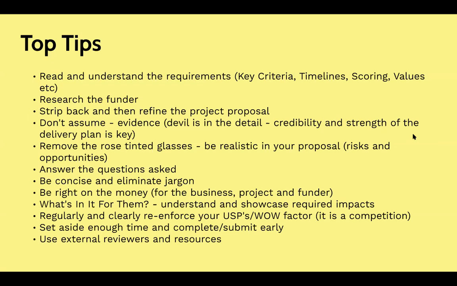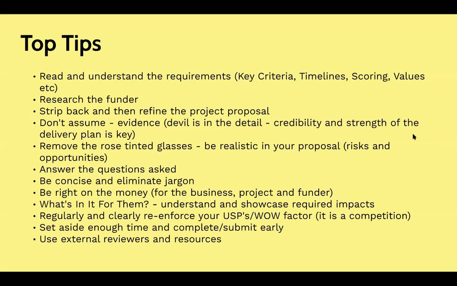Other things to consider are being right on the money. This is being right on the money, not just for the business. So you're getting the right amount of money for what you need to do with the project and your plans moving forward. But it's also looking at the money that's going to be needed in terms of how that sits with the funder and the sort of projects that they invest in.